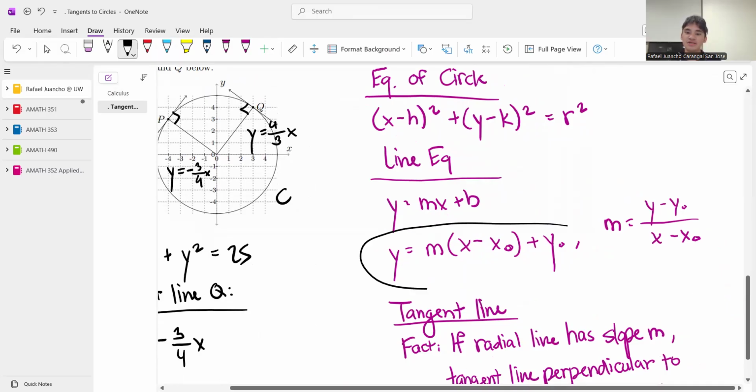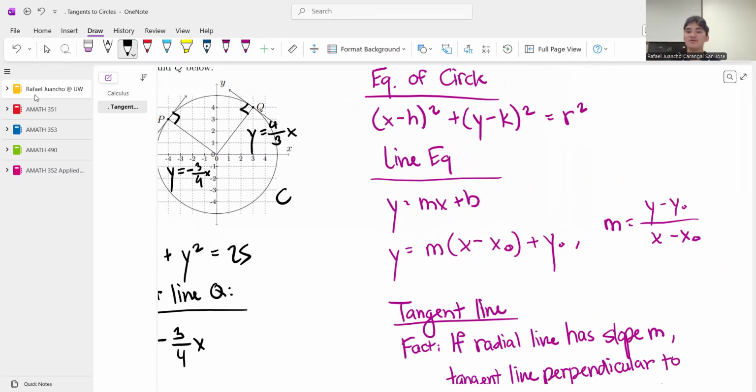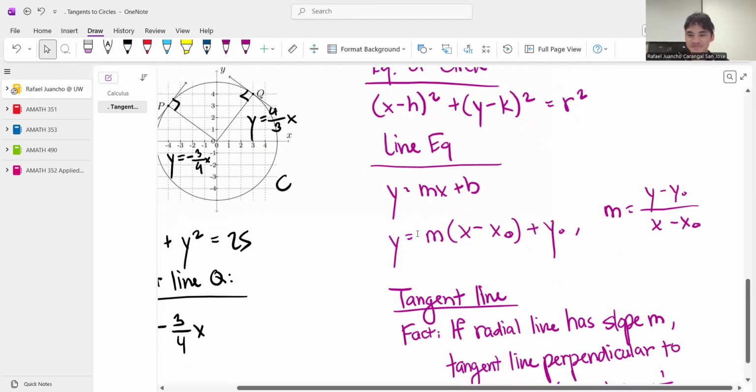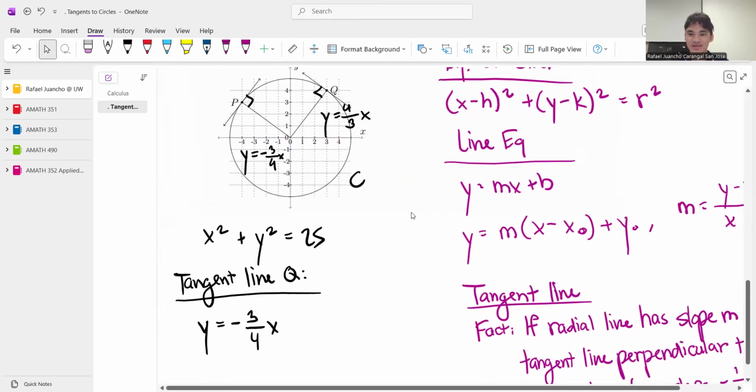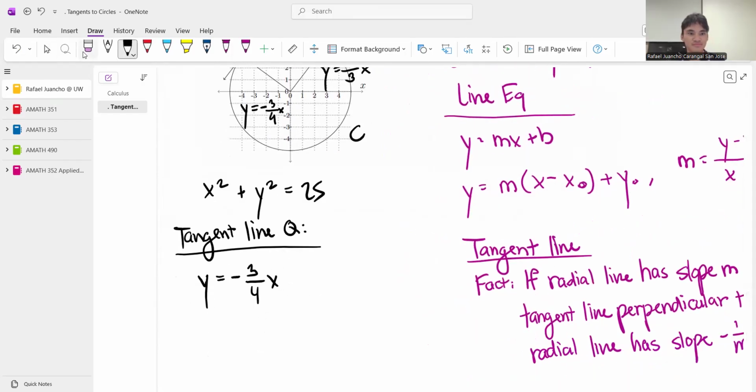We will only use this if we know a point that's not a y-intercept. In fact, actually, we can use this. This one's the better way to use it because even with a y-intercept, we could actually use it here. Okay, cool. So let's use that because we do know a point.